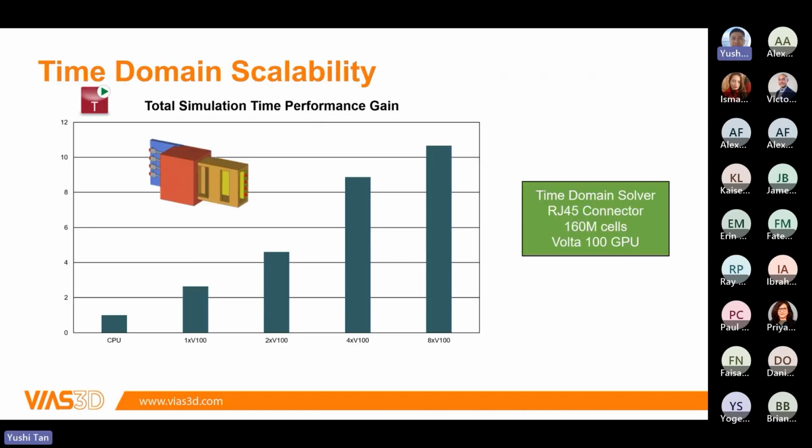Next, I want to talk about the scalability when it comes to the time domain. What happens when you have multiple GPUs at your disposal and you happen to have enough tokens? Using the CPU as a benchmark, let's look at one V100 card, from the Volta series. The speedup is around 2.5. If we double the number of V100 cards, we see a speedup factor of about 4.5.